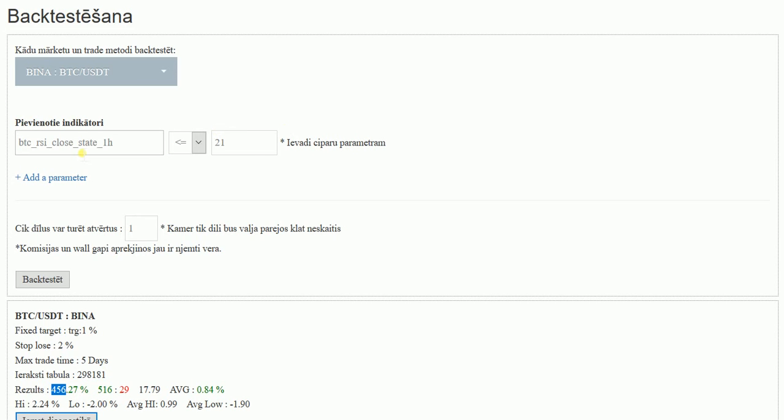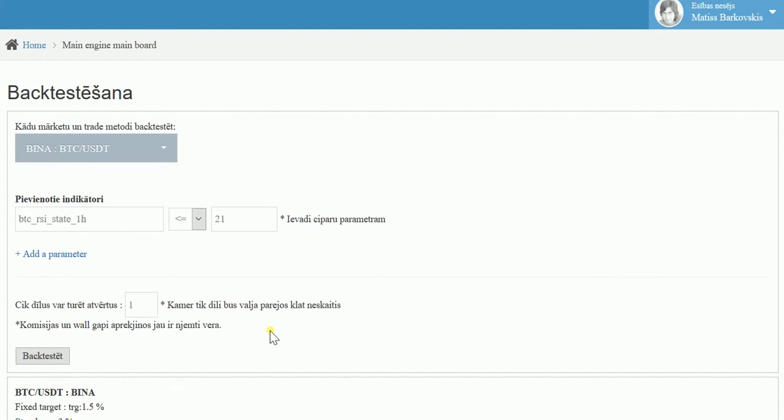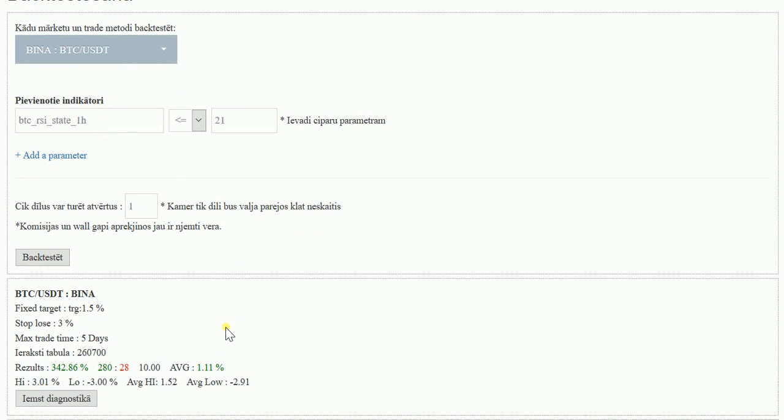And let's just check, because there are ways you can calculate RSI on an open price and RSI on a closed price. Let's see how it shows on the open price. The suggestion on open price is 1.5% and 3% stop loss, and we have a much lower success ratio and much fewer trades.